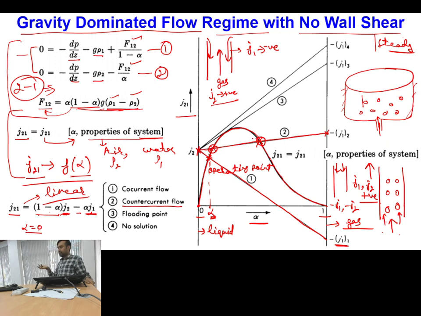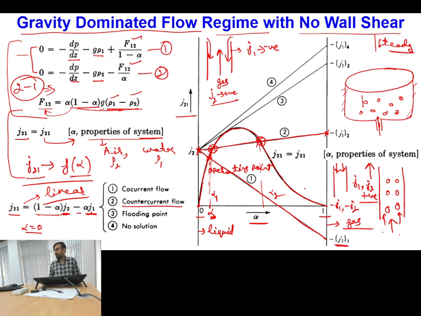At some instant, if you calculate the void fraction of the tube, you may find the value is alpha 1. At another instant, you may see the value is alpha 2. So you will not get a unique stable state. It will keep oscillating between the 2 states.